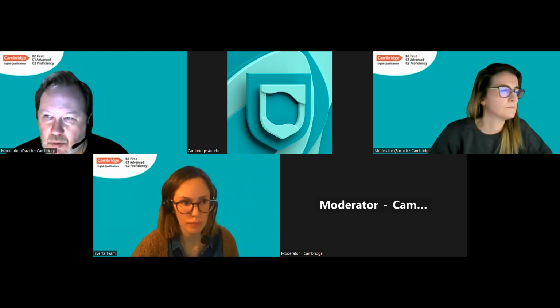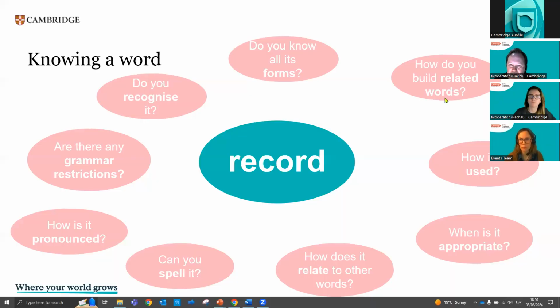That's the only difference in the writing paper. Everything else is exactly the same. And no, there's no age limit. It's just B2 First for Schools is designed with topics which are more accessible for school-age students.